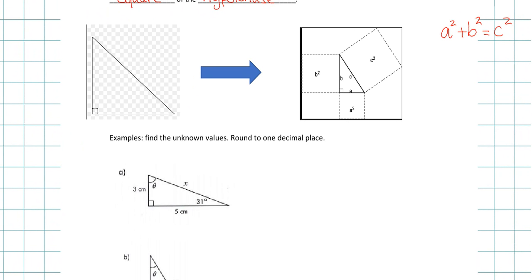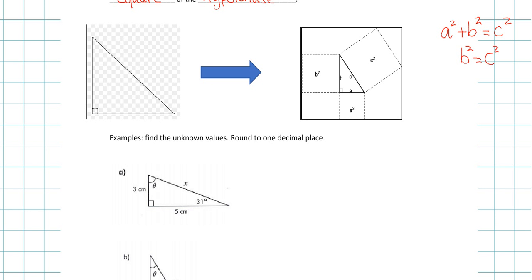So I'm looking for B. I want to leave B here, right? And then what do I want to bring to the other side? The A squared, right? So I have the C squared here. And if I bring the A squared over, what happens? Exactly. You subtract because it's the opposite operation. Okay?